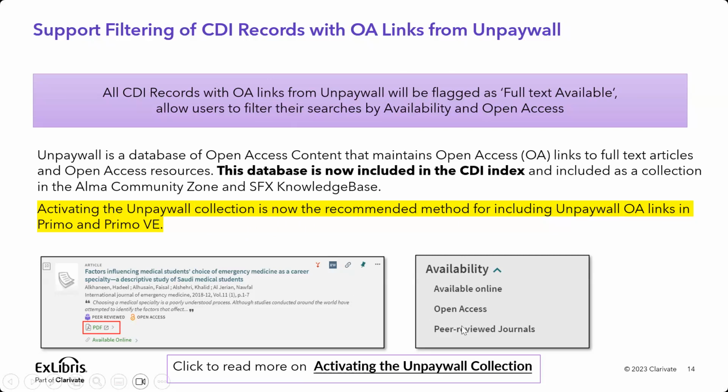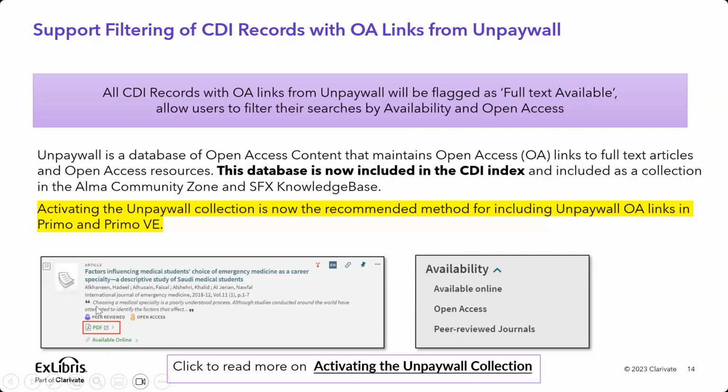It's not how it's working today. If you activate that and wait for the next indexing, the filtering will include these records. This is our recommendation to go ahead and activate that. It is also our recommendation for you to go and read this article on Unpaywall.